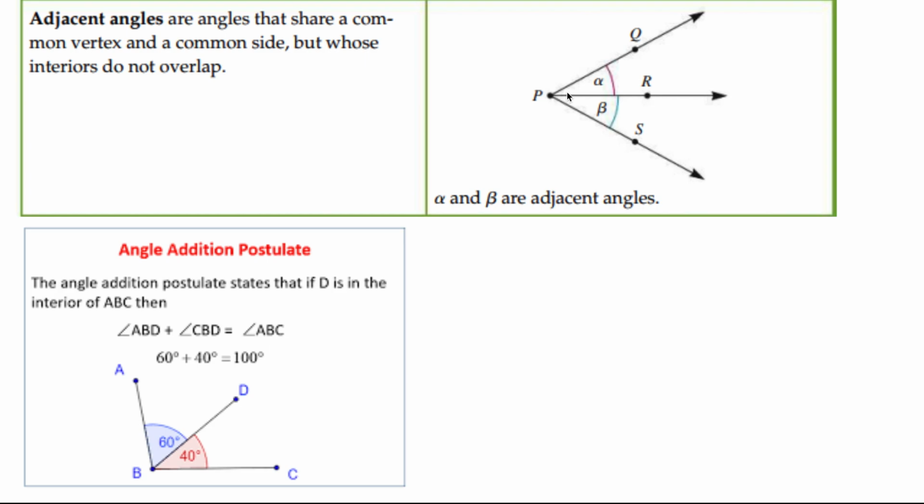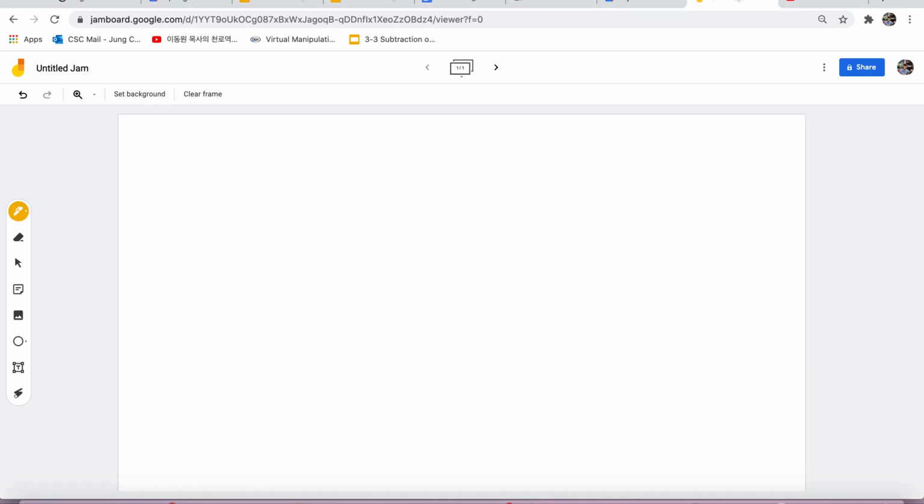Okay, so here another postulate can be created. It's very similar to the line segment addition postulate. If you guys remember, I can come here. The line segment postulate is like this. You have three collinear points, A, B, C. So there is segment AC, right?